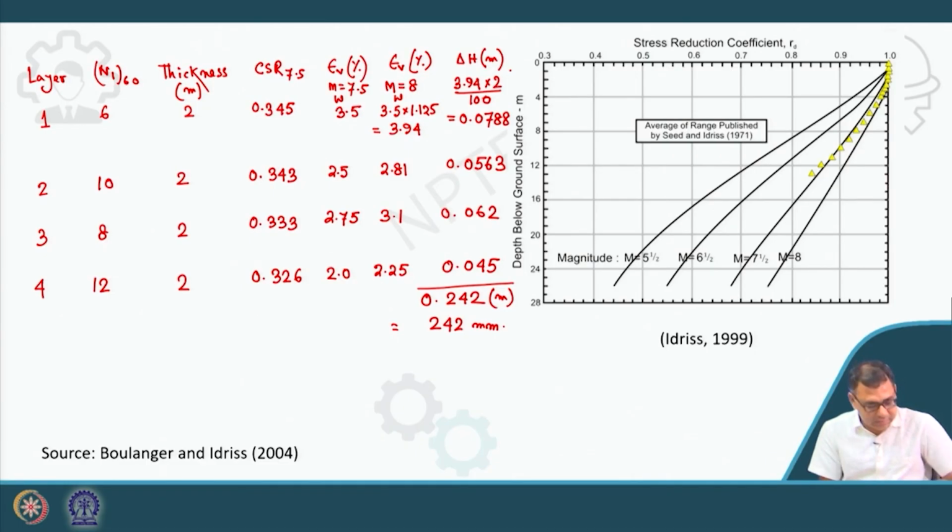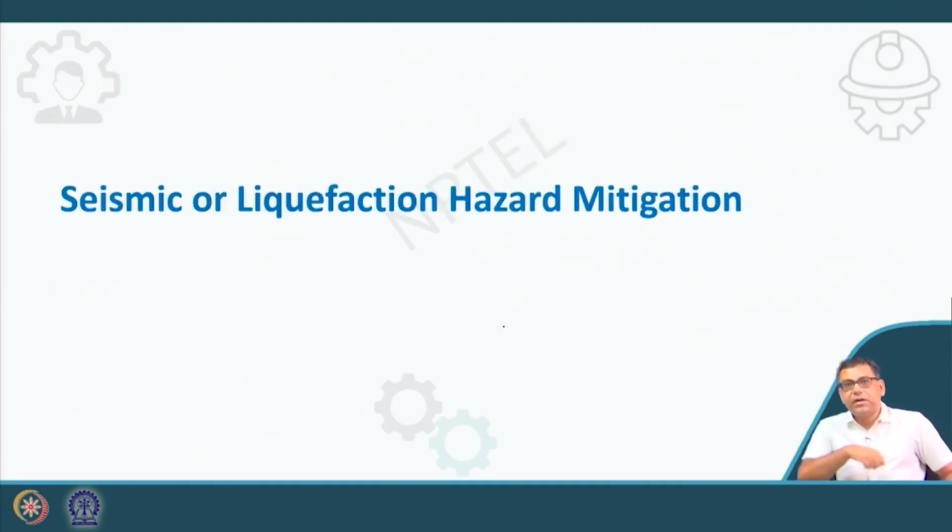Now I will discuss how to go for seismic or liquefaction hazard mitigation. Mostly I will discuss liquefaction hazard mitigation, but a few mitigations can also be used for seismic hazard, to reduce deformation, lateral spreading for liquefaction, or for settlement reduction.